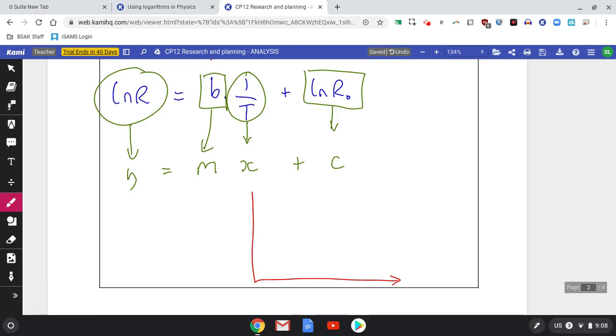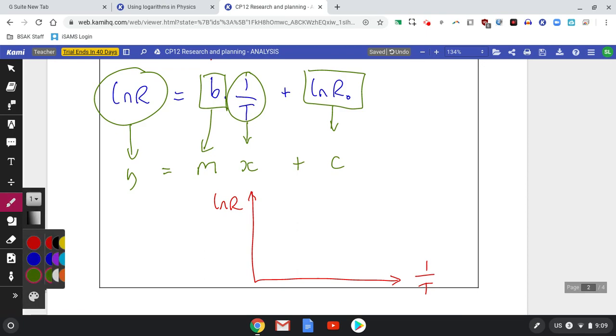We have got natural log R on the y-axis. We've got values of 1 over t on the x-axis. Now that should, in theory, be a straight line. Okay, and the gradient is going to be b.